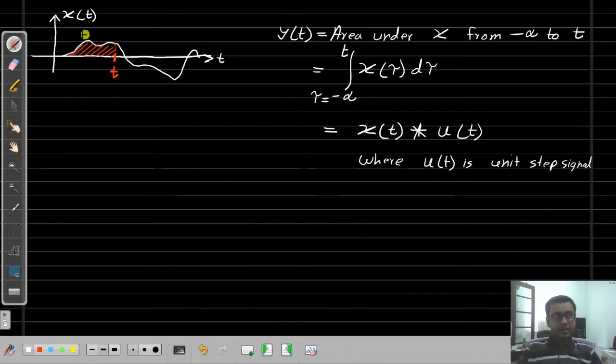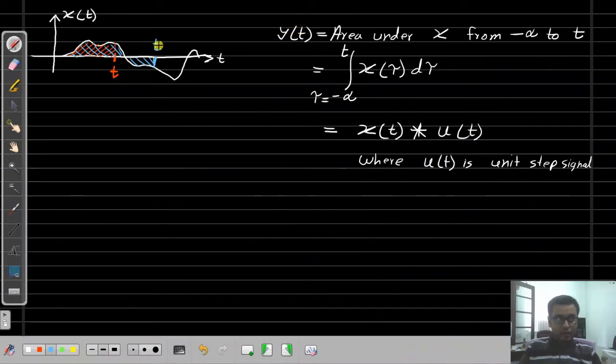Okay, and if you change the value of time t, say you change it to this point, this is t, and you want to calculate the total area from minus infinity up to this point, that is the value of y(t).